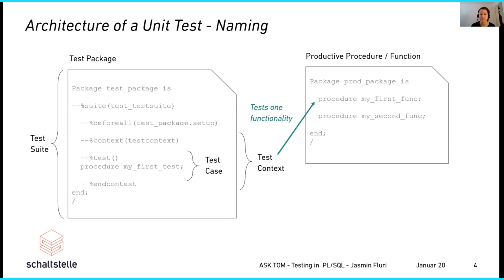It gives us the possibility to group all the tests that test the same thing in one context. It's easier to manage, and we can very easily find the tests again while developing. Then the productive procedure is called a test object. It's the object under test.